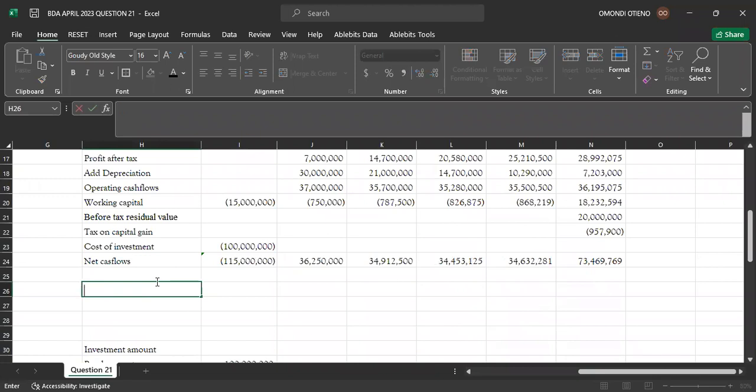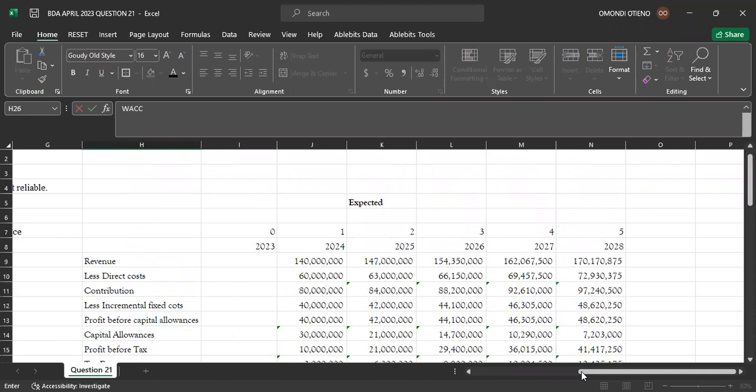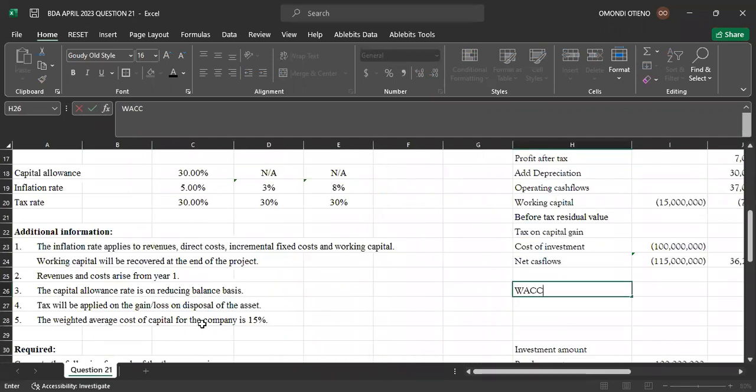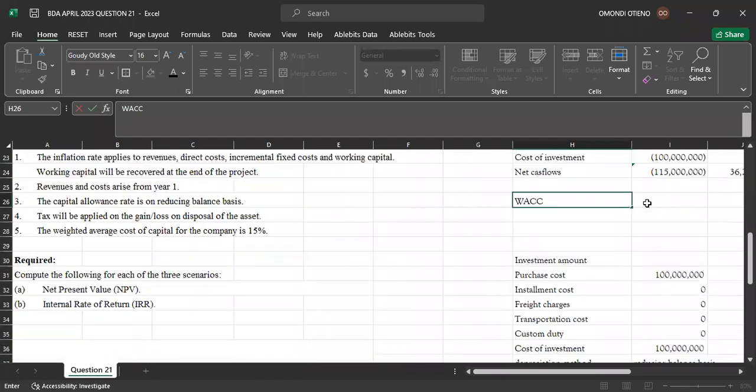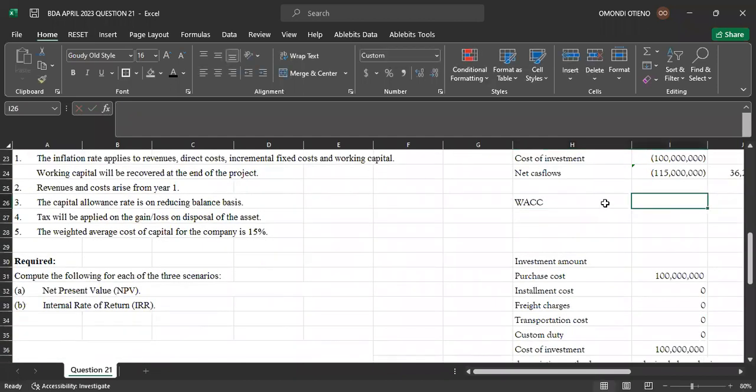What are they saying? Weighted average cost of capital is given to us in additional information number. Weighted average cost of capital for the company, 15%.